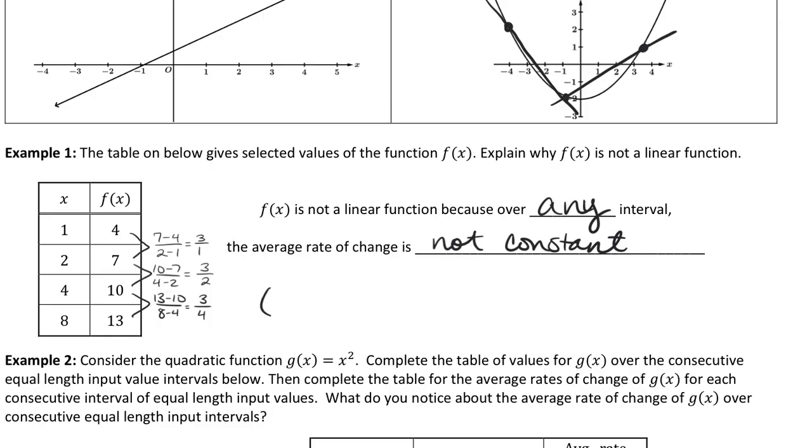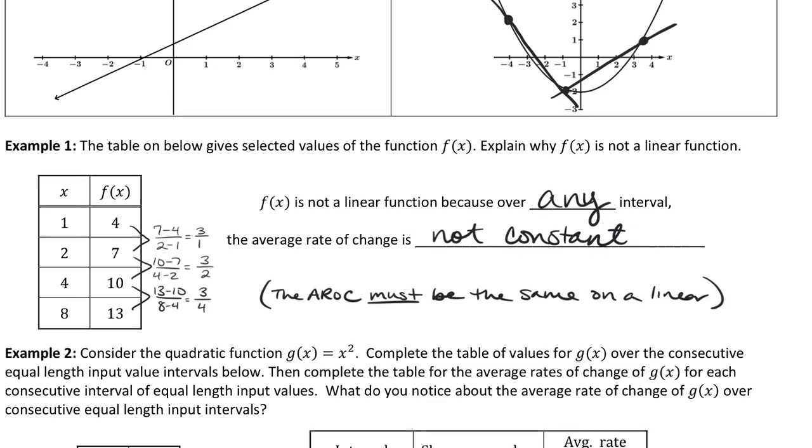So let's make a note for ourselves. The average rate of change must be the same on a linear function. And since we didn't have the same number going all the way down for my average rate of change, it is not a linear function.